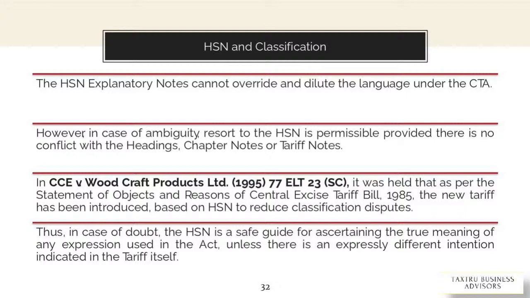So basically, HSN was designed to provide a standardized format for each and every country. Thus, if you have any doubt, HSN is a safe guide for ascertaining the true meaning of any expression used in the Act, unless there is an expressly different intention indicated in the tariff itself.